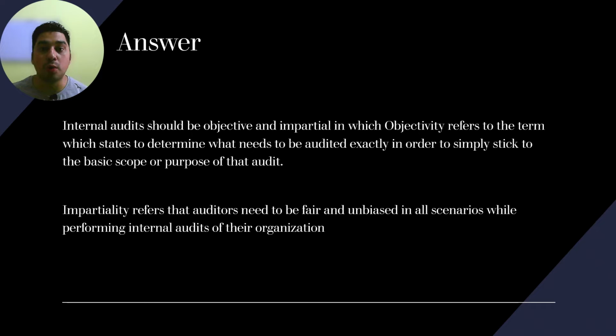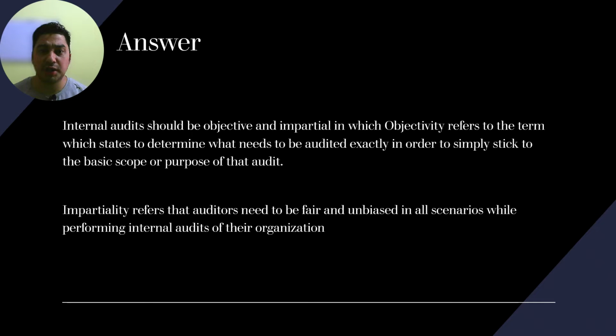You should not go beyond that boundary, which is not under your scope and objective, and you should conduct the audit within that boundary. So that is the objectivity, and you have to simply stick to the audit plan and the scope of the audit. So that is the meaning of audit objective.